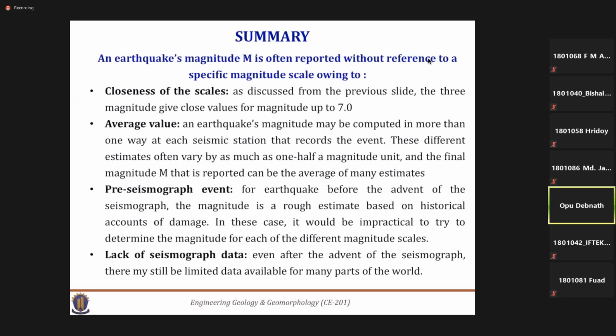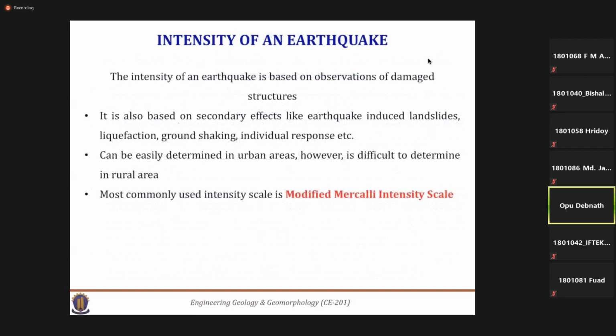So sometimes, based on the feelings, the damage, and other time response and time history data, these are compared with previous earthquakes, and then the magnitude is defined. Based on some rule of thumb or reference from previous earthquakes, the earthquake is sometimes defined. And the next topic is the intensity of an earthquake.